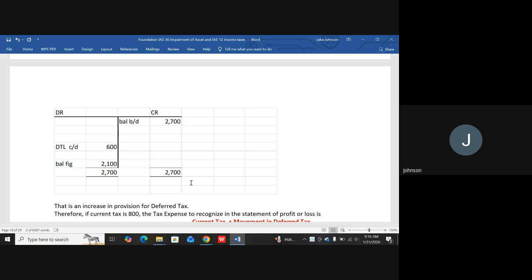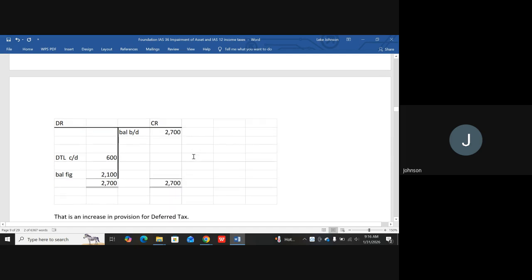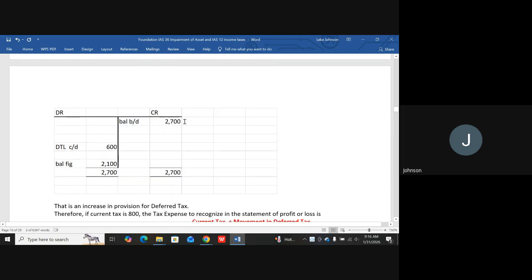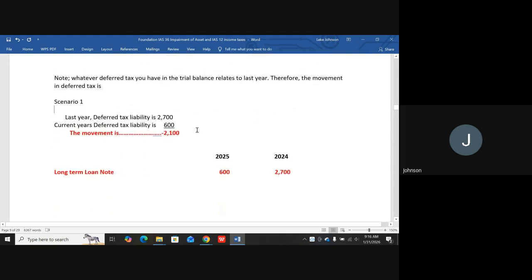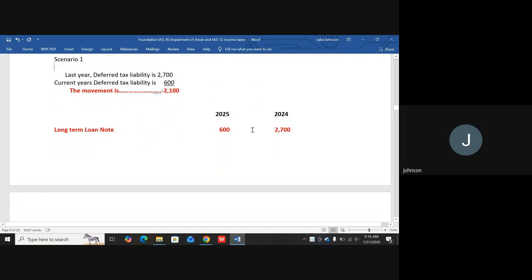So now look at it. At the beginning of the year, we had a deferred tax liability on the credit side. If it's for last year, treat it exactly the way it is.